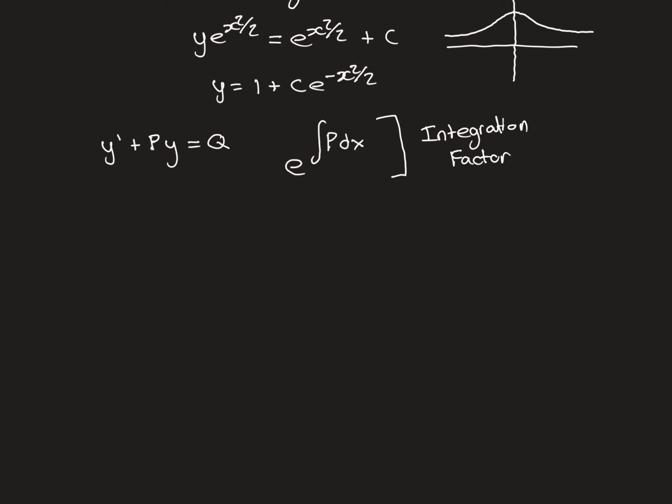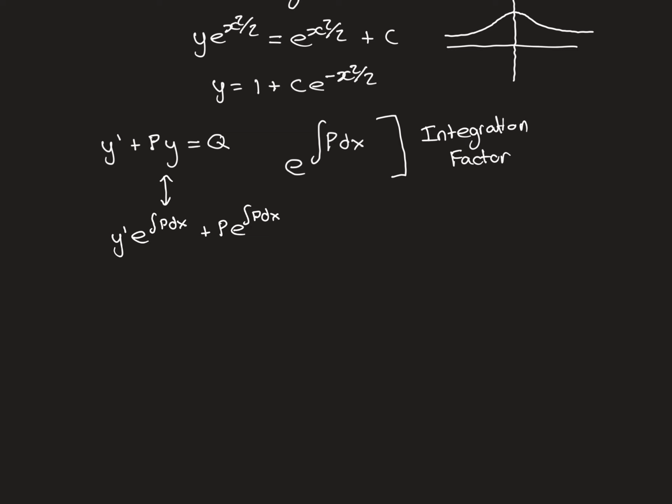So let's now multiply through our first order linear ODE here by this. Again, it's absolutely valid because this thing is never going to be equal to 0, so we can put a biconditional here. This is utterly equivalent to y prime e to the integral p dx plus p times e to the integral of p dx.